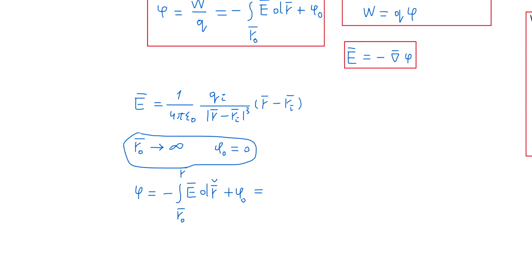So in this case, it will be impossible to choose this. But for a point charge, or for a system of charges in a limited part of space, it is always possible. And in this case, it is often the best choice.